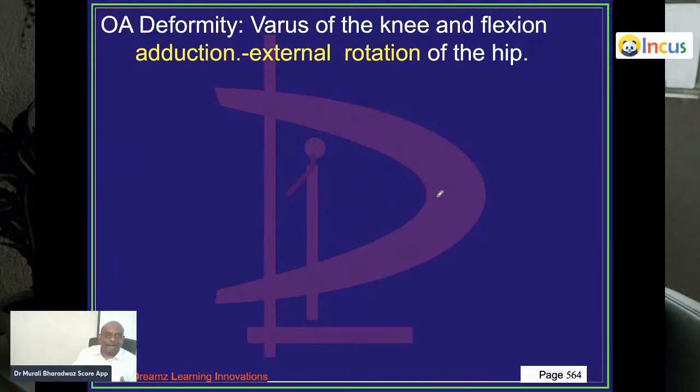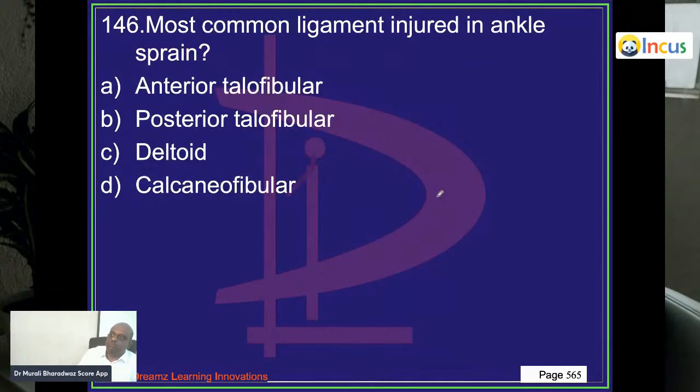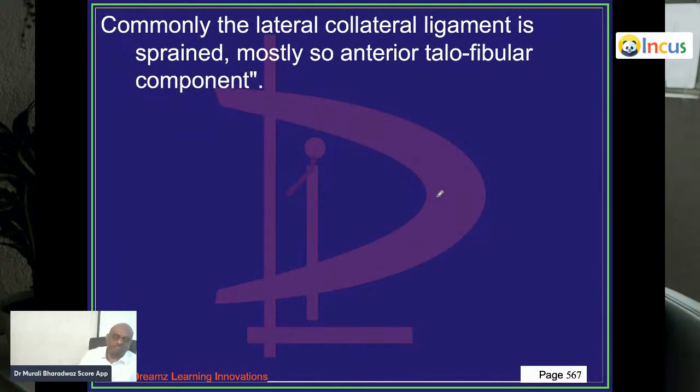So it will be adduction, external rotation of the hip with varus of the knee, and flexion, adduction, external rotation of the hip. That is the deformity that you see in osteoarthritis. Most common ligament injured in ankle sprain is anterior talofibular. Okay?